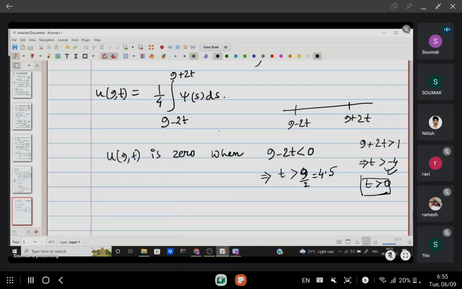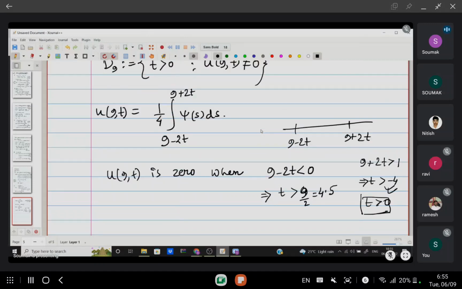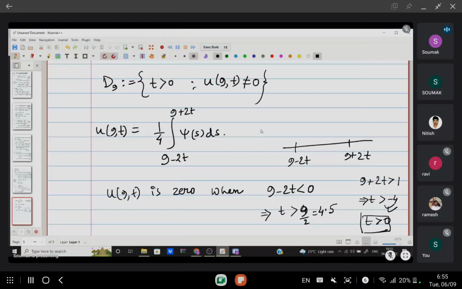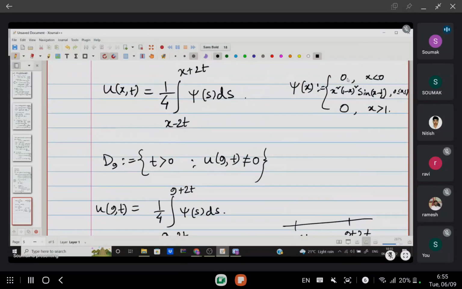You understand why I took less than 0? Because I am integrating psi over 9 minus 2t to 9 plus 2t, so I have to look in this interval only. Now I know that psi is 0 whenever x is less than 0.